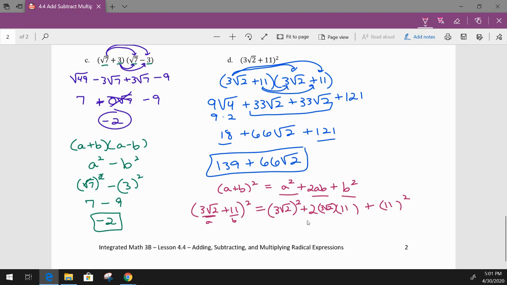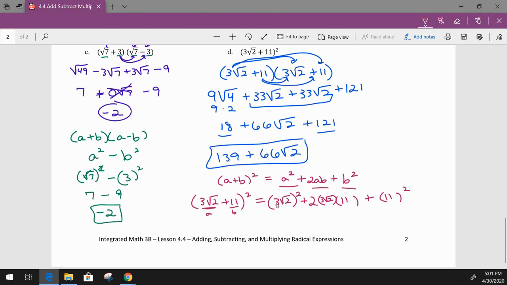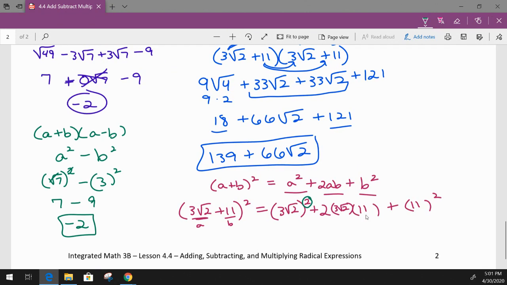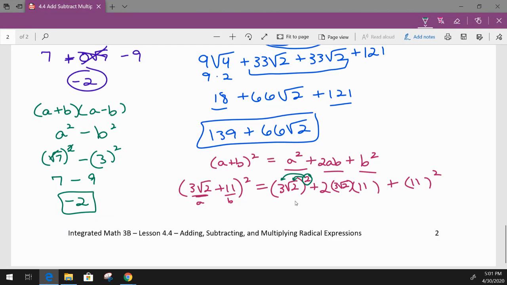Now simplify. So when you are squaring the 3 square root of 2, make sure that you square, zoom in just a little bit, make sure you square both the 3 and the square root of 2. So 3 squared would be 9, square root of 2 squared would be 2, which simplifies to 18.